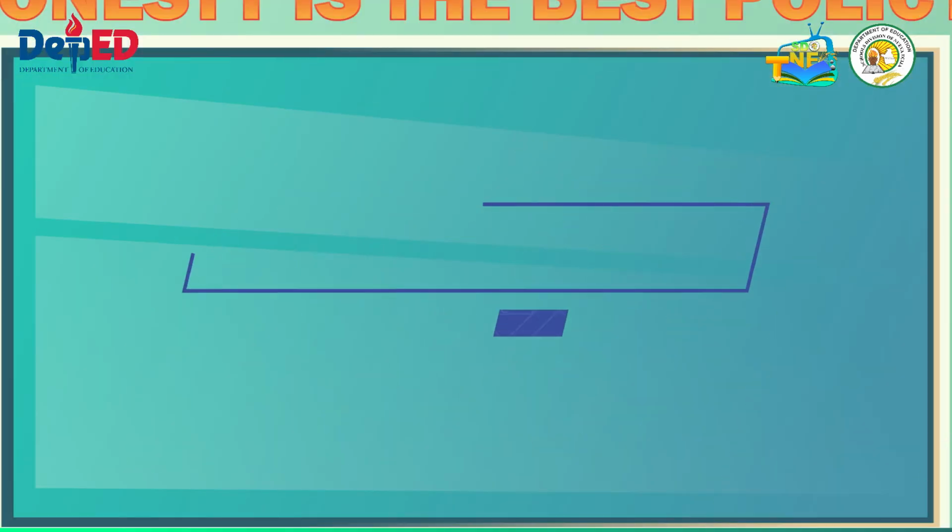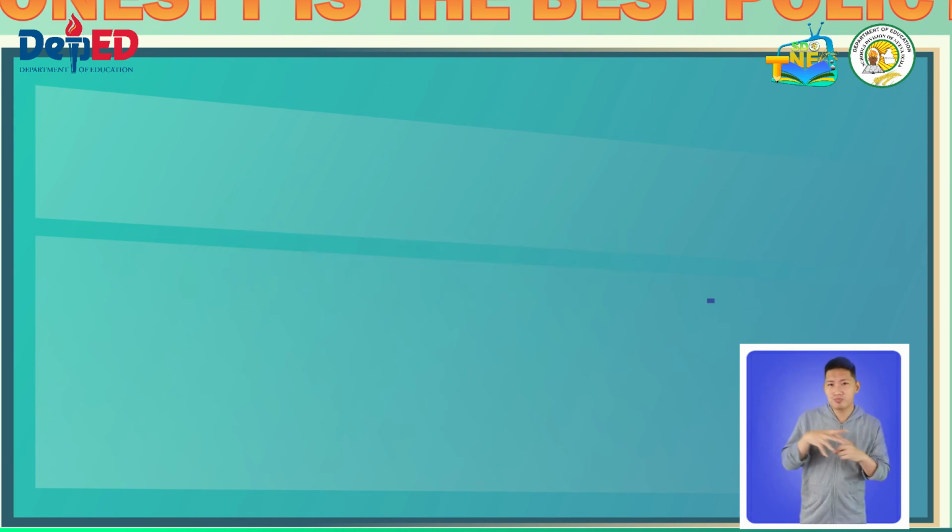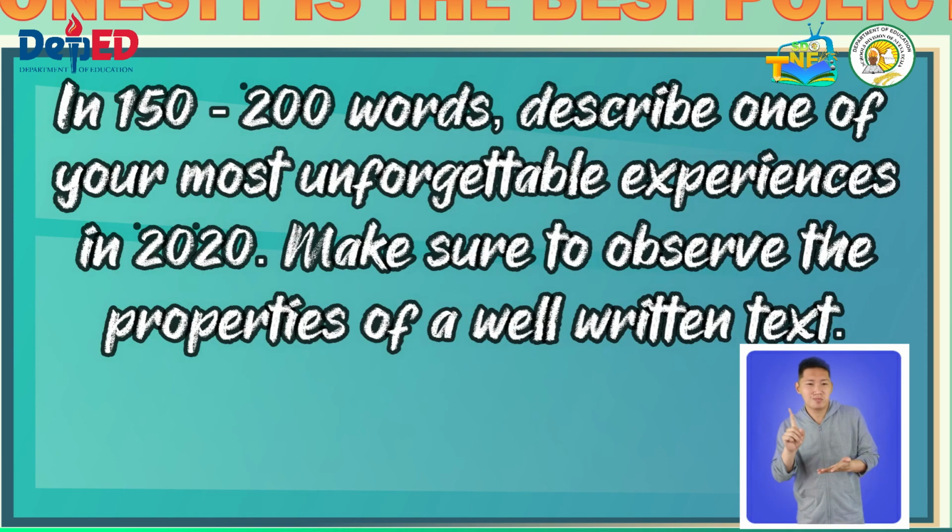Very good. Now, it is about time to apply what you have learned. In 150 to 200 words, describe one of your most unforgettable experiences in 2020. Make sure to observe the properties of a well-written text. Your works will be evaluated using these rubrics.